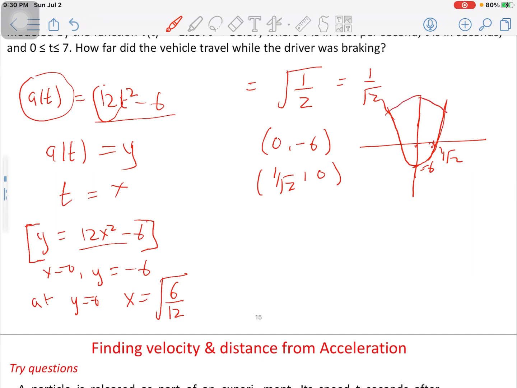So you can use GeoGebra to basically draw this to see how things will appear for you, to see whether you are right here or you are not right.